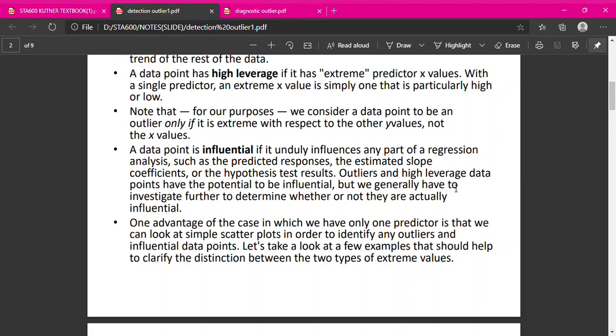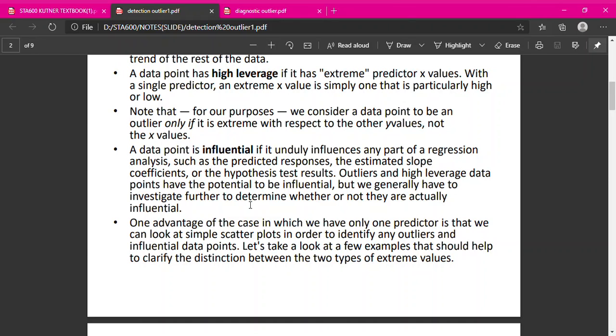Outlier and high leverage data points have potential to be influential, but we generally have to investigate further to determine whether or not they are actually influential. So kita kena check dulu, so, akan ada satu lagi step nanti kita boleh check the influential, ada 3 step lagi. Okay, so, tapi daripada scatter plot tu kita boleh tengoklah juga actually that point adalah influential ataupun tidak secara kasar.